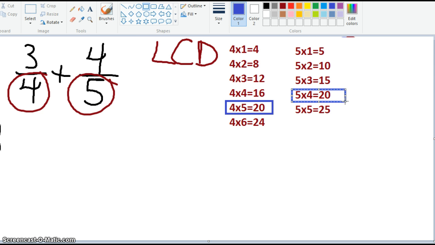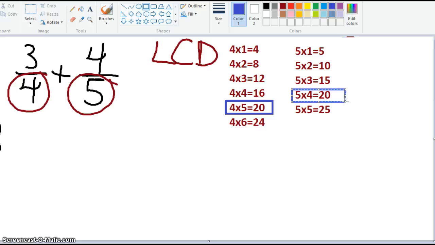So 20 is the first number where I have the same number on both sides of my multiplication table, aka the lowest common denominator that exists in both the 4 table and the 5 table, which is the number 20.